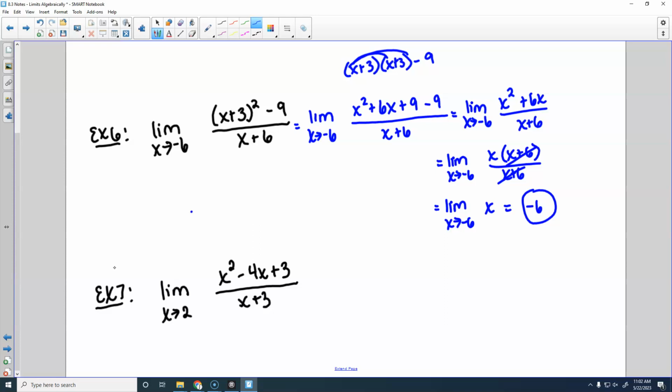All right, I see lots of you doing the right thing on that. What should you do first on number 7? What should you always do first on every problem? Plug the number in, right?